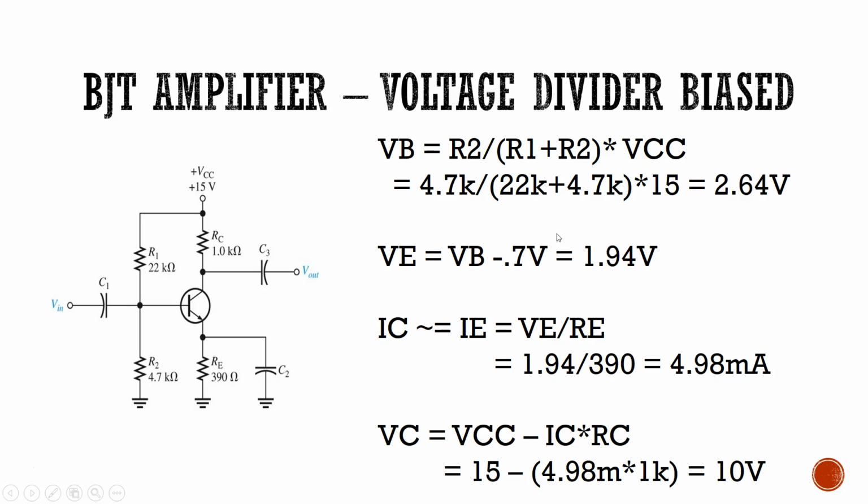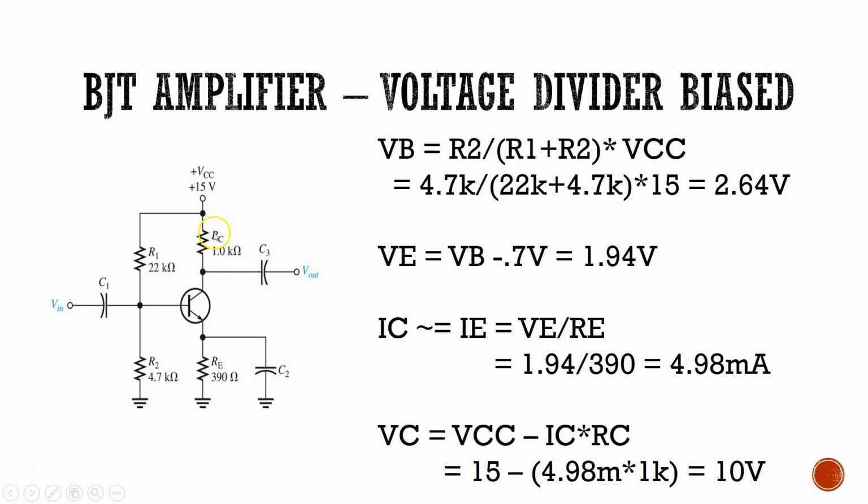You're creating a proportionality of the 15 volts that's left across R2, and we get 2.64 volts. We subtract out the 0.7 volts, and we have VE at 1.94 volts.